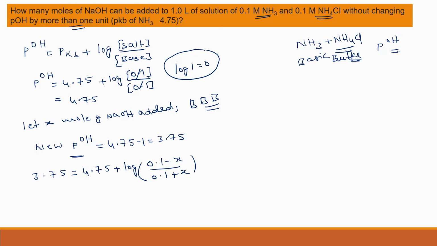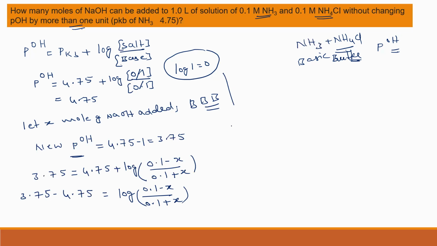Now bring this 4.75 to this side: 3.75 minus 4.75 is equal to log of (0.1 minus x) by (0.1 plus x).